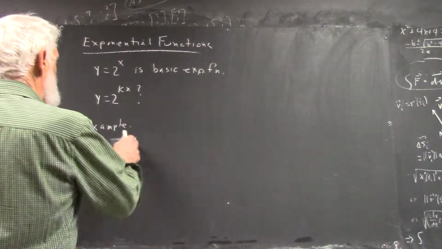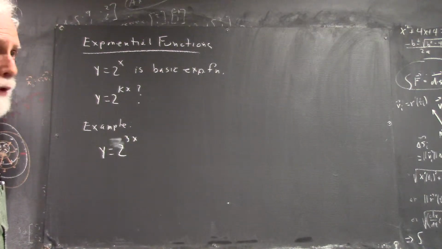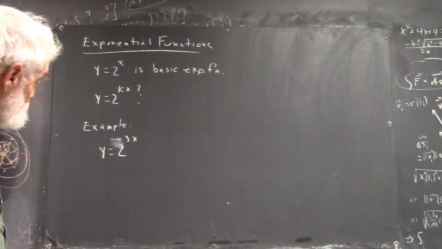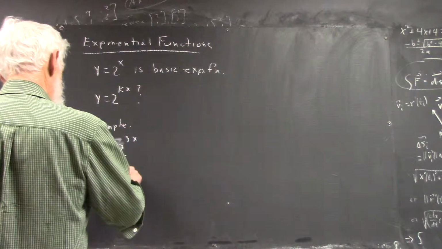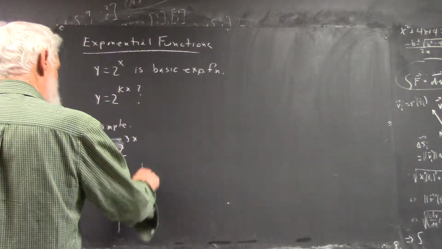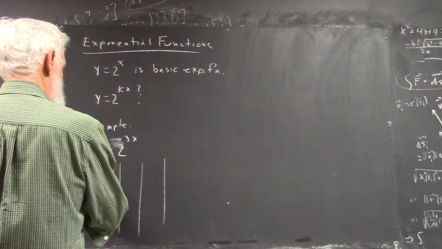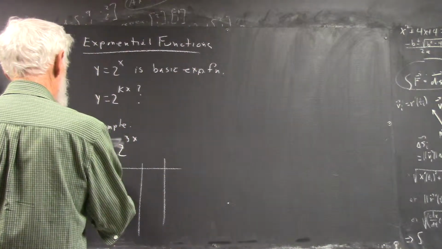So let's just look at what you get if you had y equals 2 to the 3x. We can make a table for this thing.